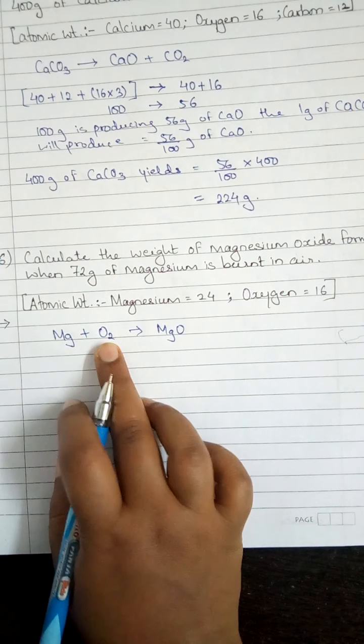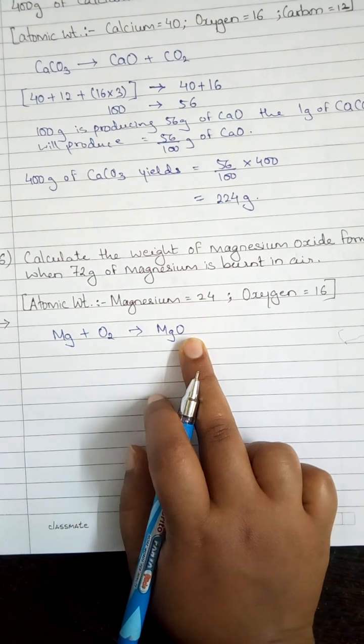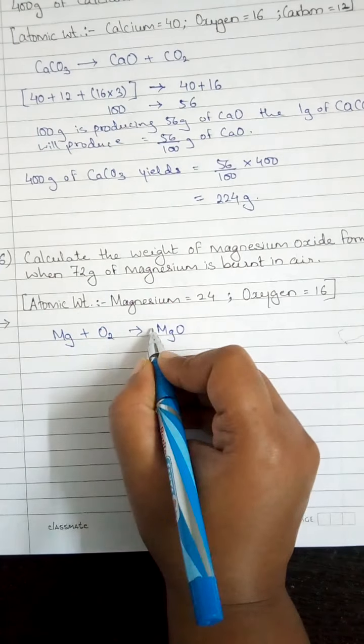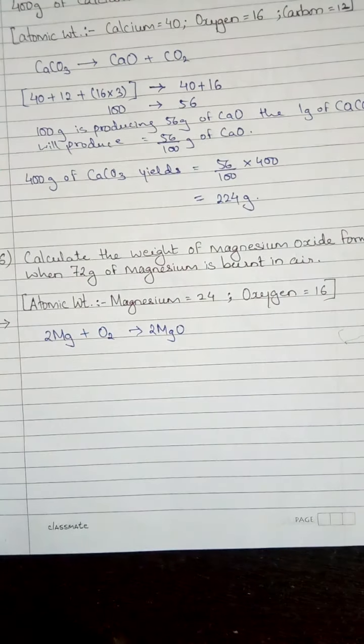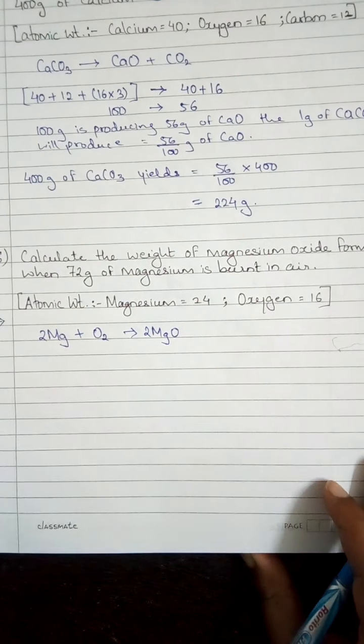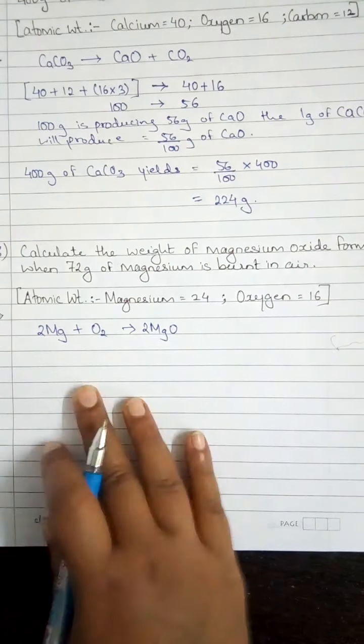This is not a balanced equation. Okay, here O is 2, here O is 1, so we have to make it 2. So we write a 2 over here, but Mg also became 2, so we write a 2 over here. Okay, now this is a balanced equation and we'll solve the question accordingly.